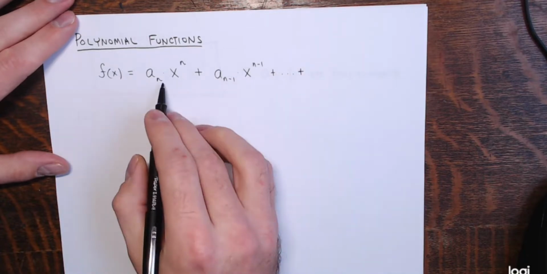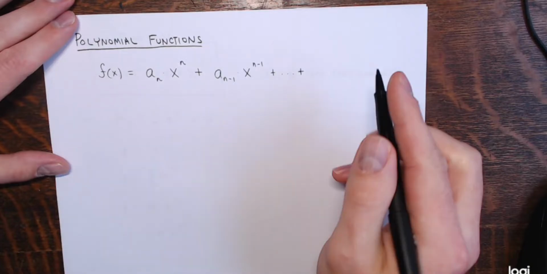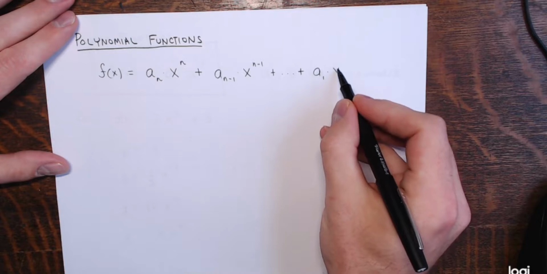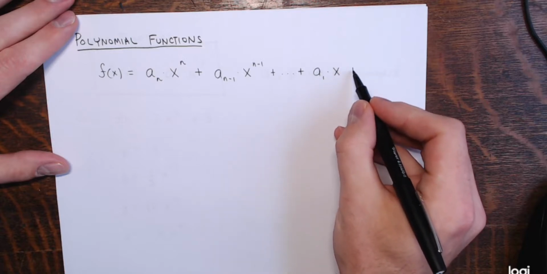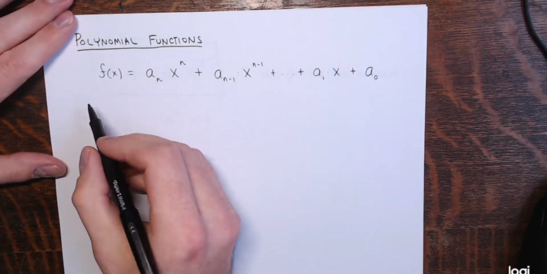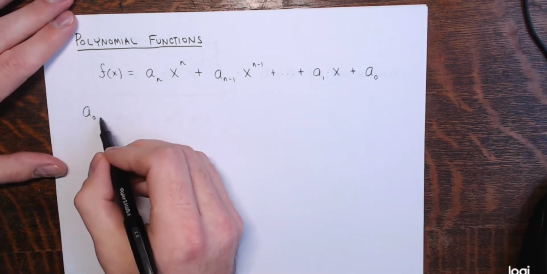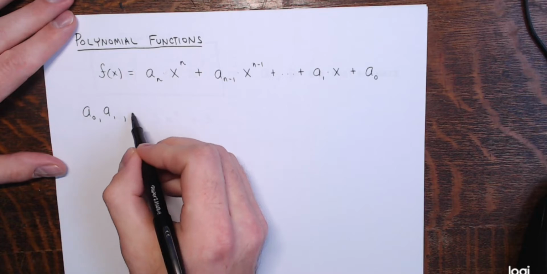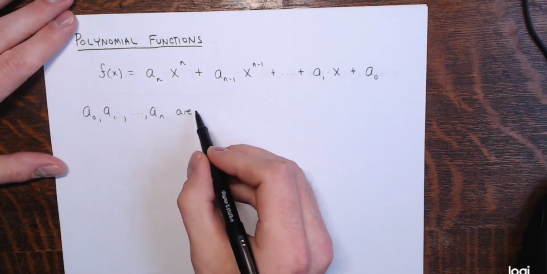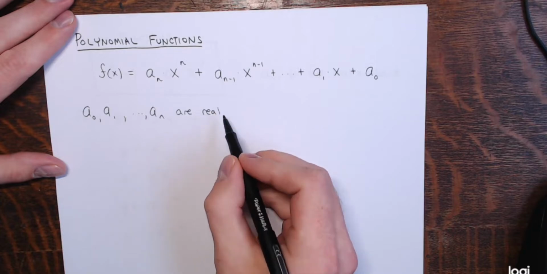Now, a polynomial can have one term or many terms, right? All the way down to, say, a sub 1 times x to the 1 plus, and then a constant term, a sub 0, right? Where a sub 0, a sub 1, all the way up to a sub n, these are real numbers that are not all 0.